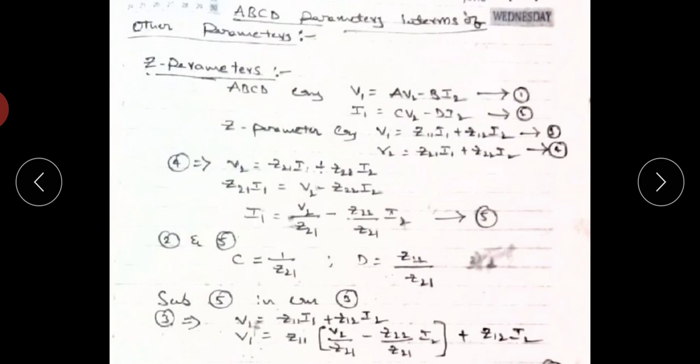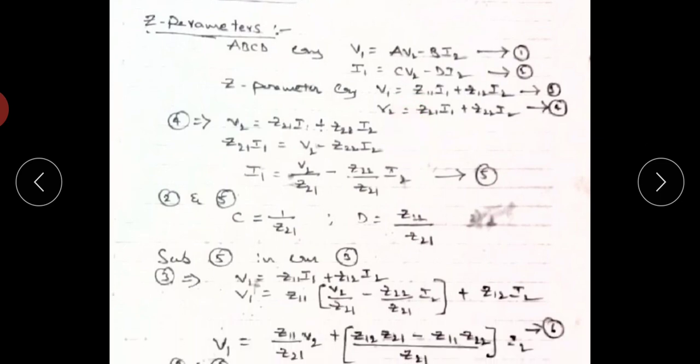Comparing equation 2 and equation 5, C, the V2 coefficient, equals 1 by Z21, and D, the I2 coefficient, equals Z22 by Z21.